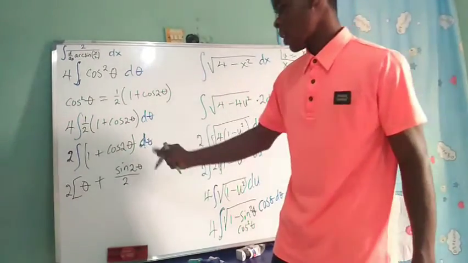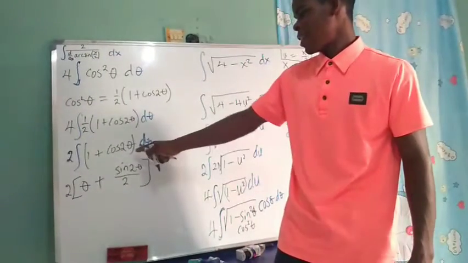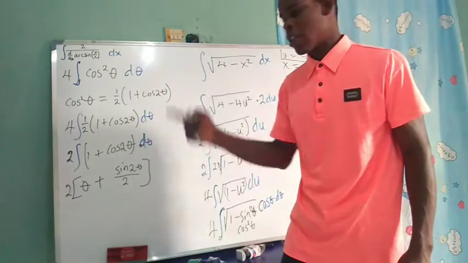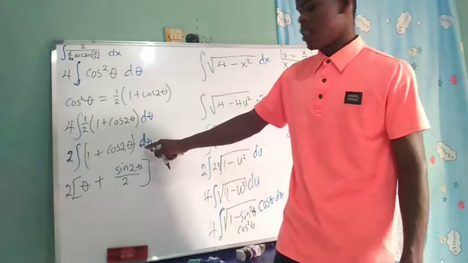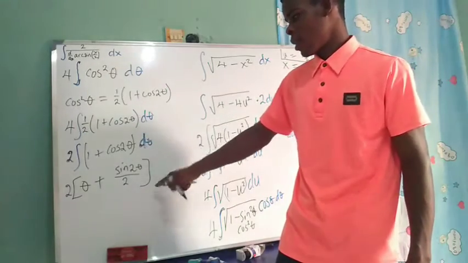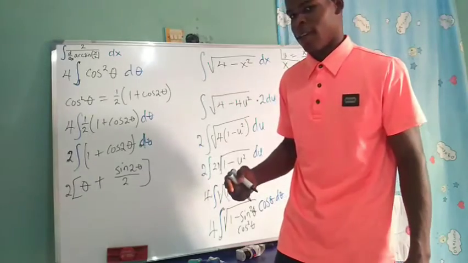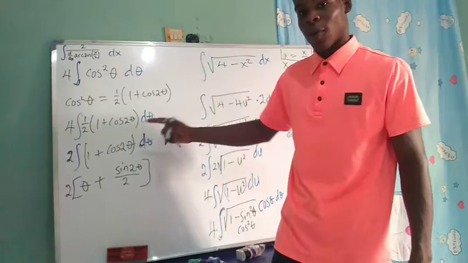Well, let's just do it in our head. If we have cosine 2 theta, let your w be equal to 2 theta, so that dw becomes 2 d theta. So that means d theta will become dw over 2. This is the 2 right here. So we'll be having one half of the integral of cosine w.